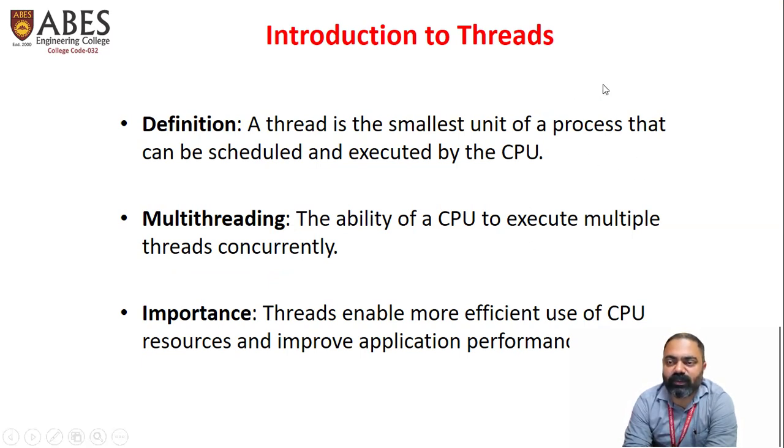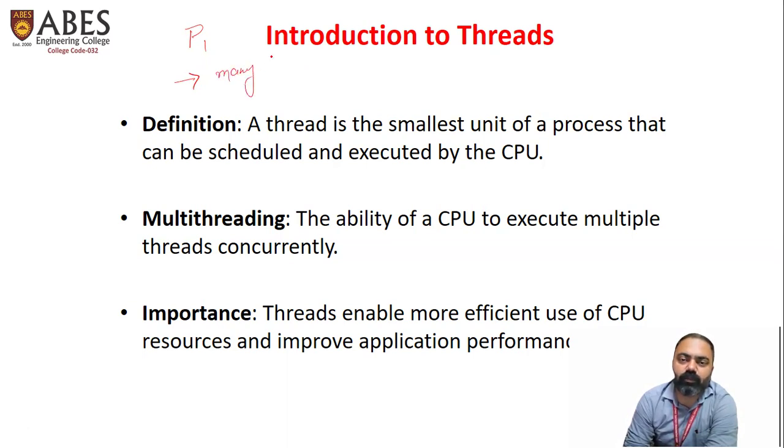Threads we can understand easily. Suppose there is a process P1 and P1 wants to perform a number of tasks, many tasks, or you can assume that you have a long code in which there are a number of modules, module 1, module 2, and so on.